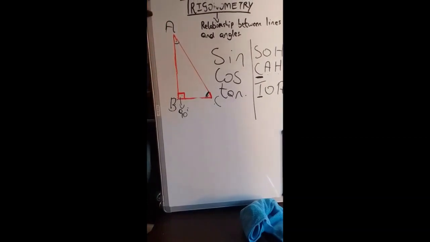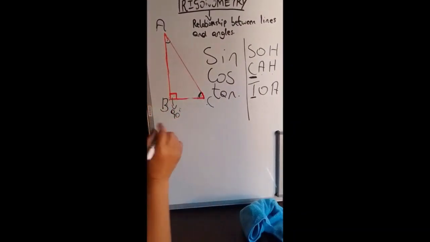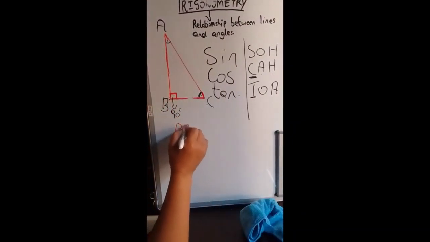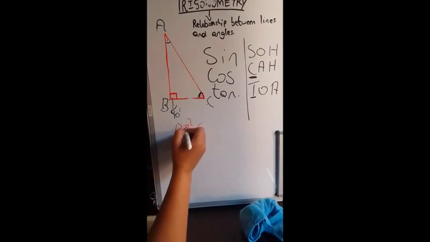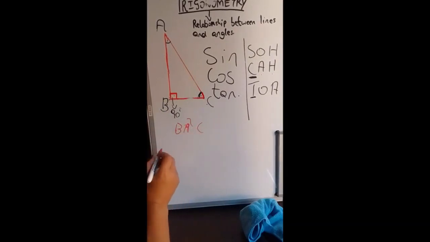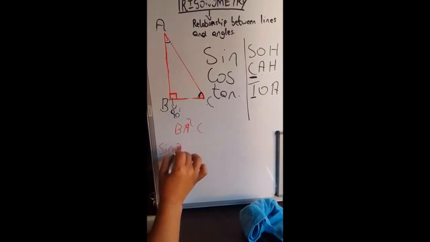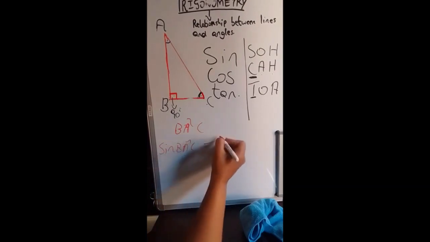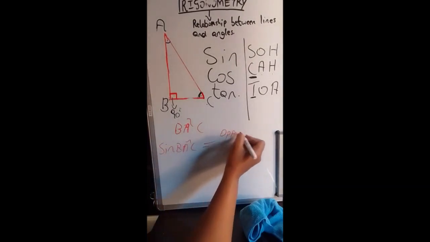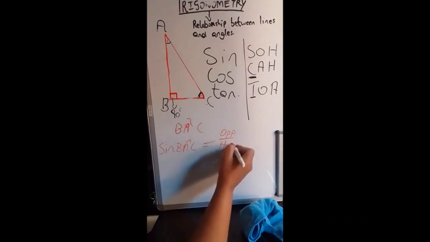Okay, now we are doing angle, the relationship between angle BAC and its sides. All right. So starting with sine, we know that sine BAC will be equal to the opposite side of that BAC over its hypotenuse side.